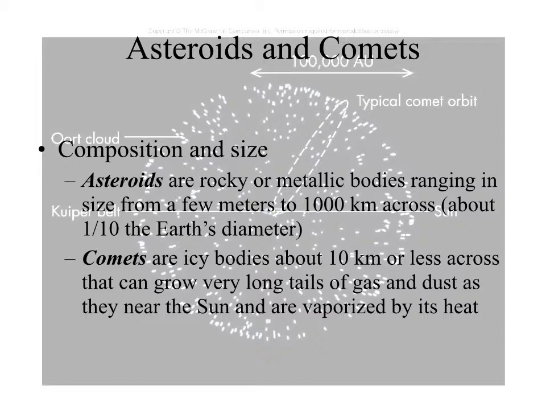So again, the tail really comes from the evaporation or melting of the ice as it approaches the sun, and you get a spewing of ice and dust like a tailwind. However, the comet spends most of its time away from the sun, so at this time it's just an ice ball.